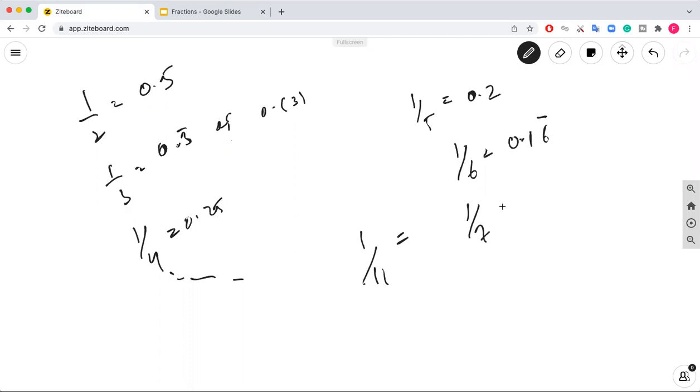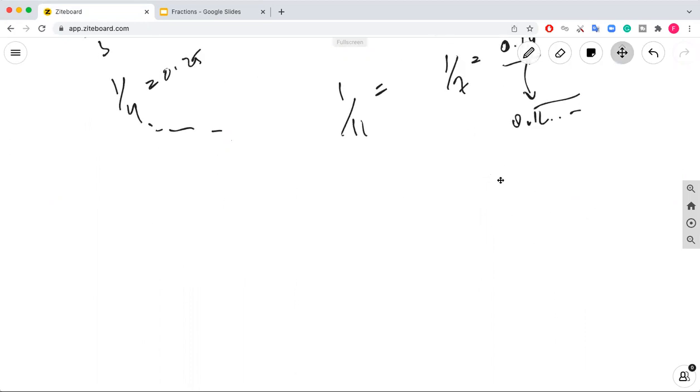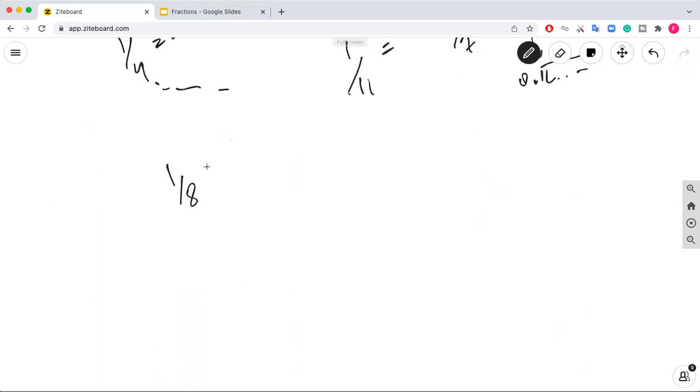What is 1 by 7? If you go for approximation, this is 0.14. But in actual, this is a recurring decimal with some pattern, but you don't need to know all of that. Just know that it is approximately 0.14. What is 1 by 8? 0.125.